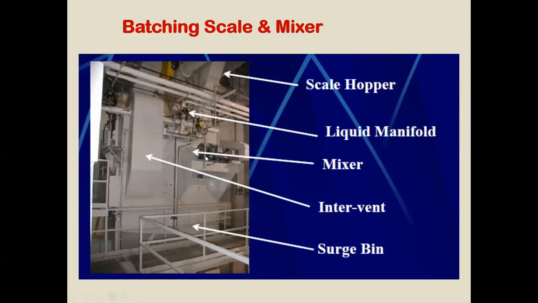Here you can see the batching scale and mixer. In this photograph, these are the scale hoppers where the ingredients come to the mixer. The liquid pipe is metered, that means the liquid portion is controlled by the meter. Here you can see the liquid manifolds.